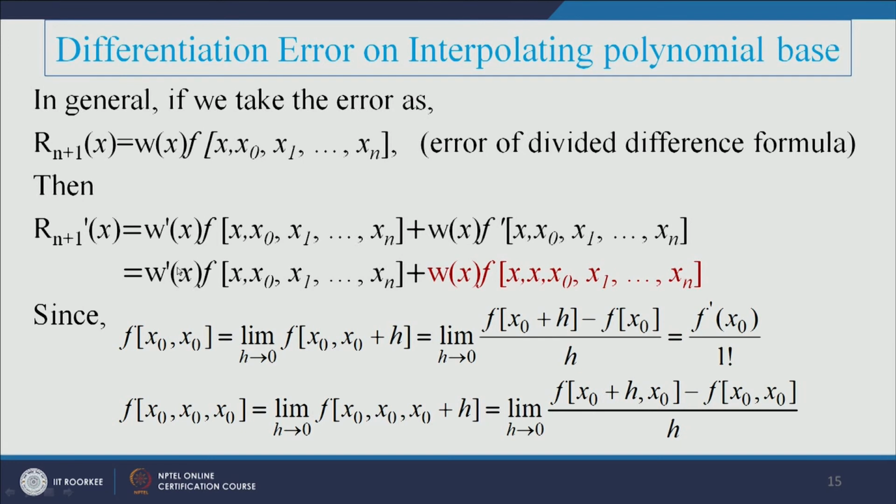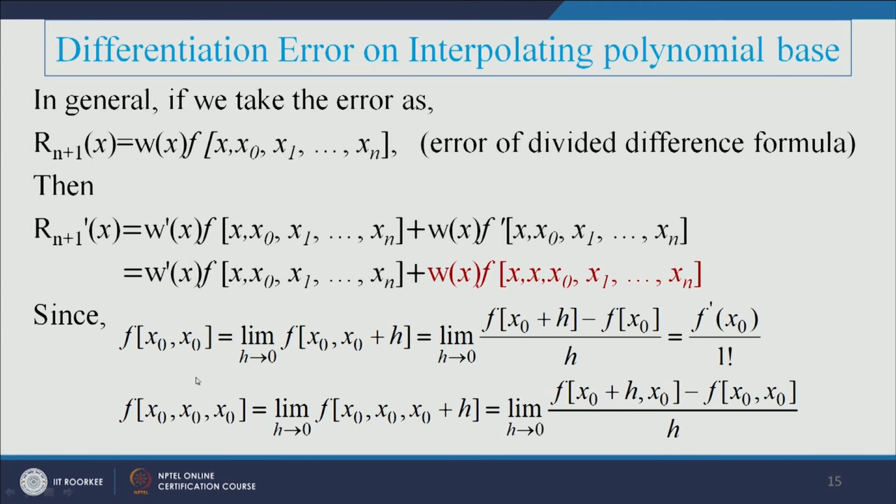So, obviously Rn plus 1 dash x can be written as omega dash x into the first product term plus omega x into the derivative of the second product term, and we can write this as omega dash x into f of x x0 to xn plus omega x. Since we are considering the derivative of the x x0 x1 to xn arguments, one more x is involved inside the arguments. Why is it coming?